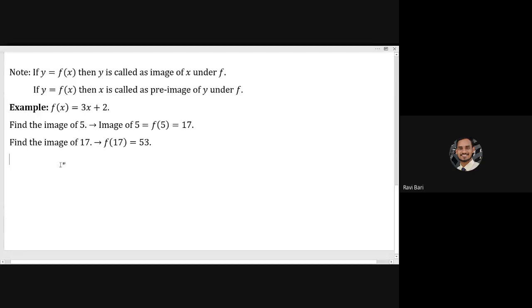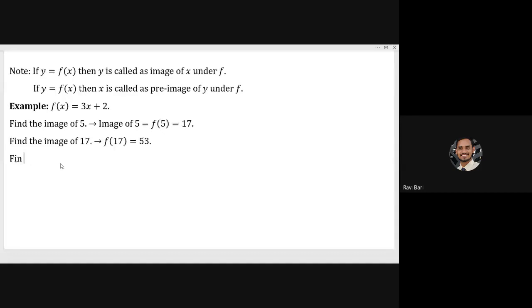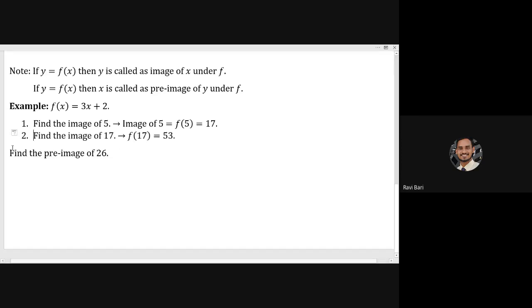Now let's find the pre-image of 26. Find the pre-image of 26. The pre-image of 26 you have to find.